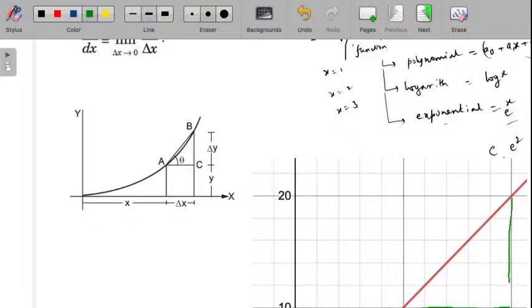This is the del y, change in y. And the ratio here, del y by del x, is related to this theta that we have been looking at, which is your tan theta. This tan theta is hence your slope, which we say dy by dx as well.